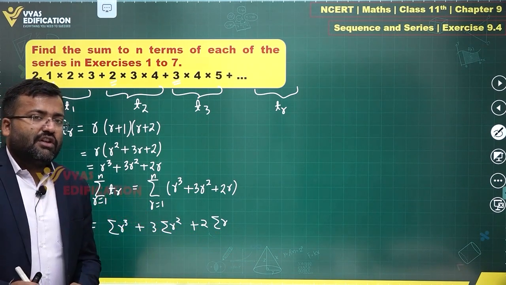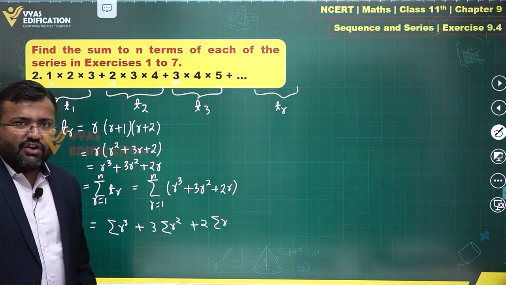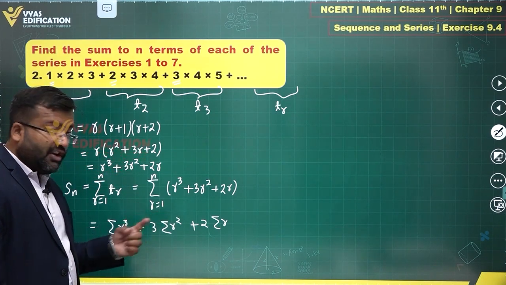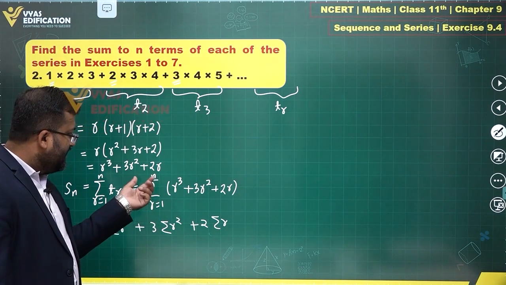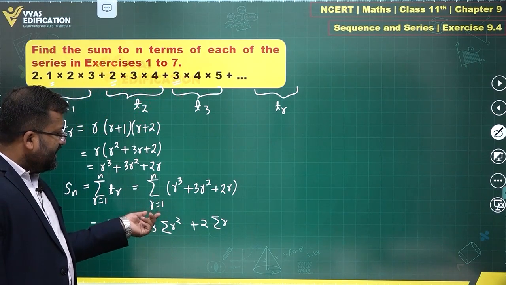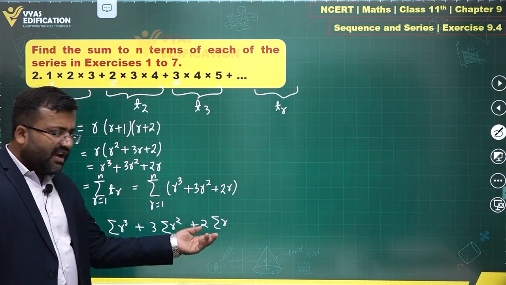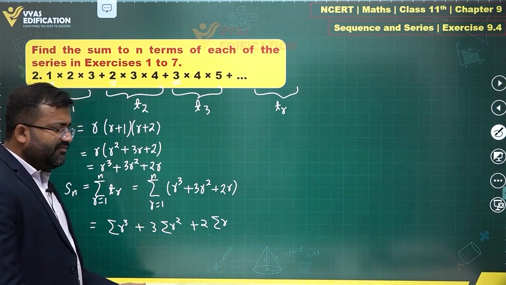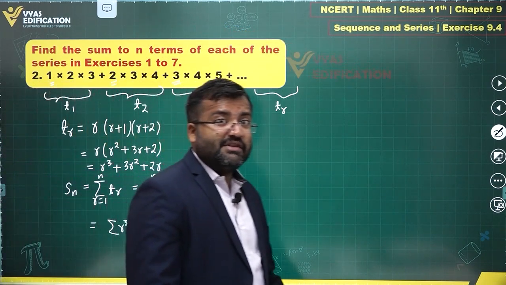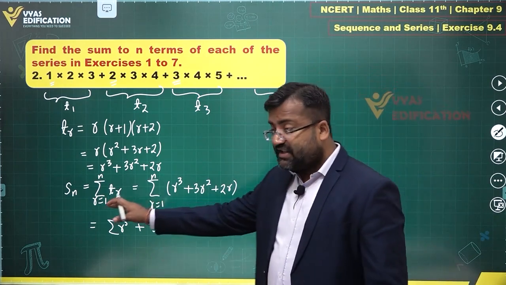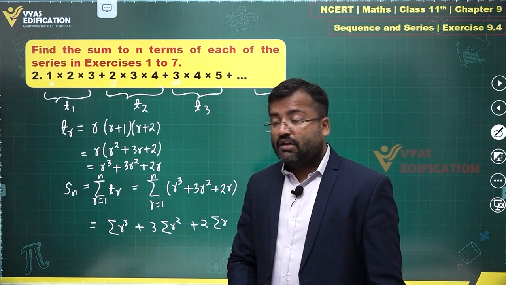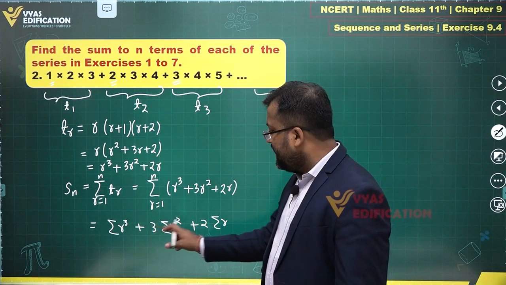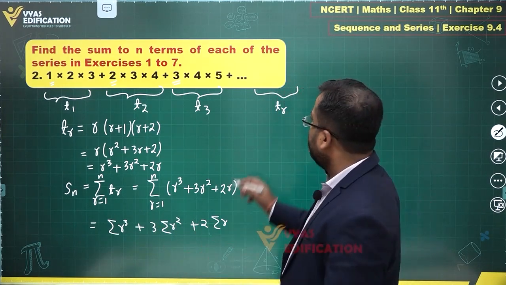But when we are solving questions fast, especially for competitive exams, not the board exams mind you, R is equal to 1 to N is supposed to be mentioned, but sometimes you can skip it. Don't skip it in the initial steps, never. But this same sigma is translated over here, so we can skip that, right?